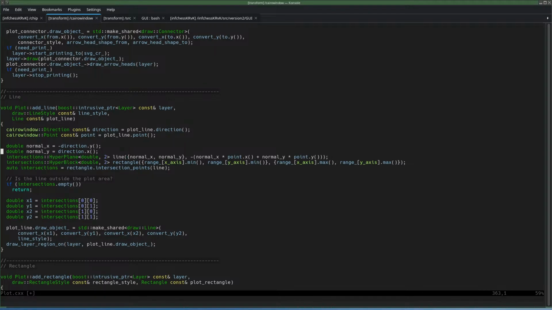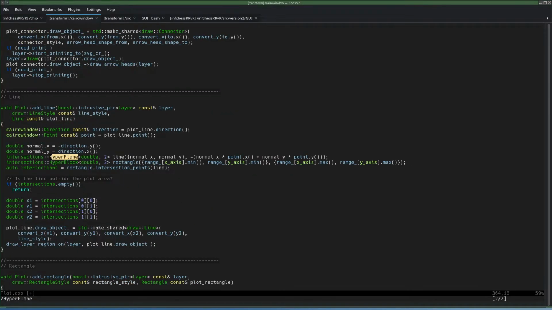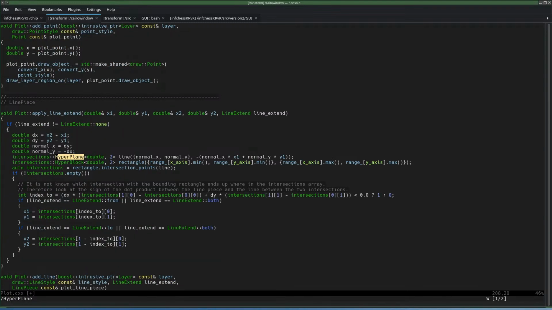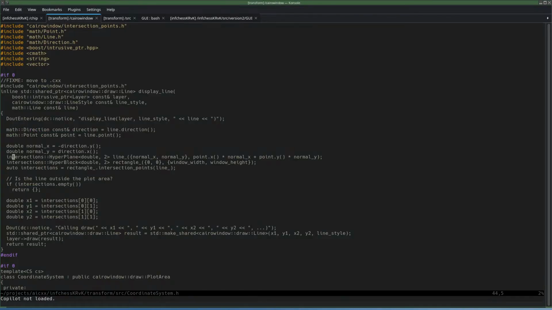I think those are the only hyperplanes that I had in the hyperplane objects in this file. Now see, now they look the same. It's just the negative of normal x times some point x plus and so on, and here the same thing. And then I have another file here. Contains 3 hyperplanes. I'm also going to put a normal up front, so we have to negate it again.